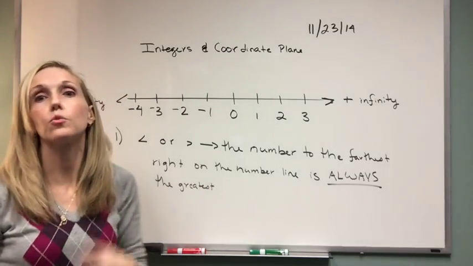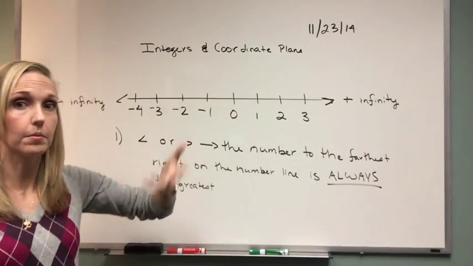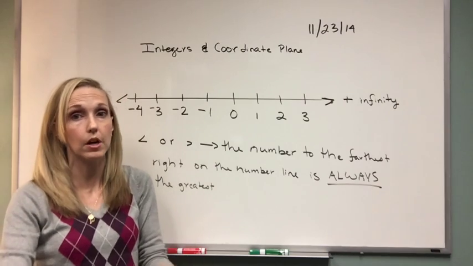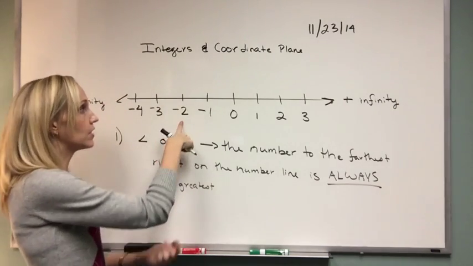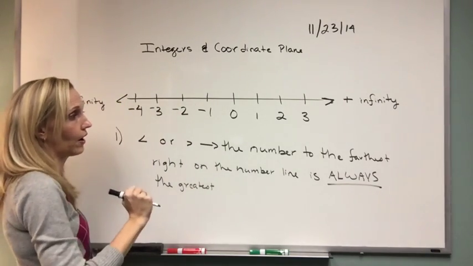So how do you prove that 12 is greater than 11? We just put it on the number line. How do you prove that -2 is greater than -5? Because it says so on the number line. It is furthest to the right.